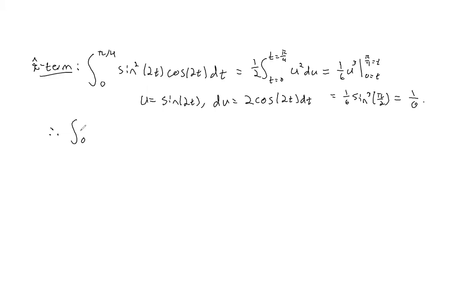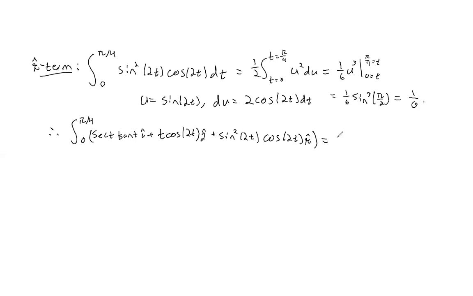So the integral from 0 to pi over 4, all together now, of secant t times tan t i plus t times cosine 2t j plus sine squared 2t cosine 2t k.